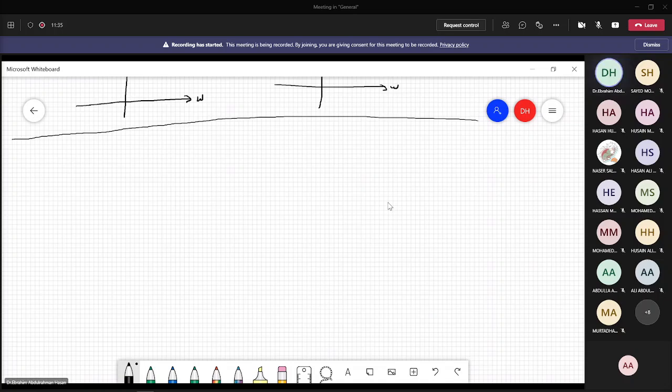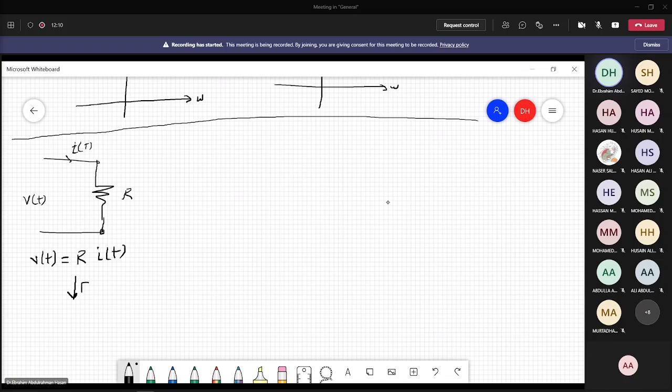We actually use differentiation in Circuit 1. See this here: for a resistor, for example, this is R. In the time domain, this is V of t and this is I of t. Then we know that V of t equals R multiplied by I of t.